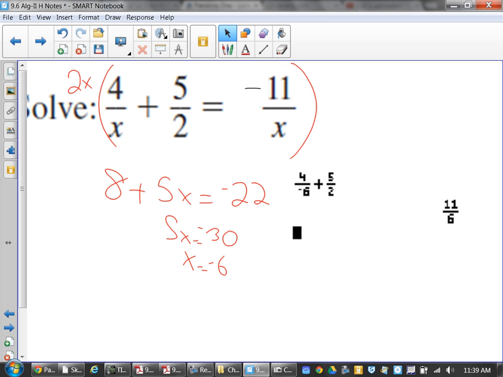So when I substitute in, I get 11 over 6, but it's supposed to be negative 11 over, what's x though?